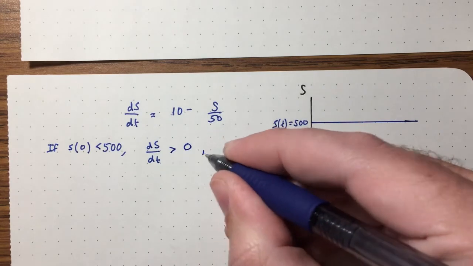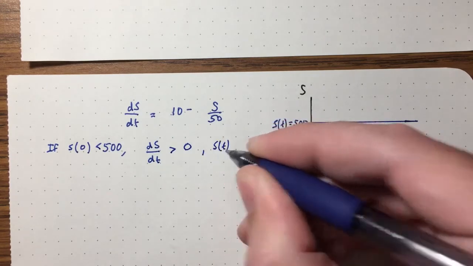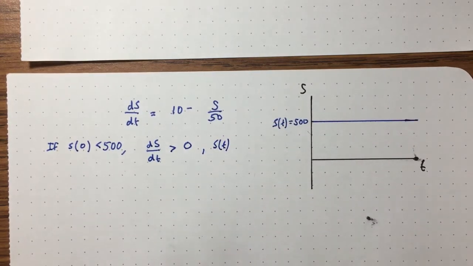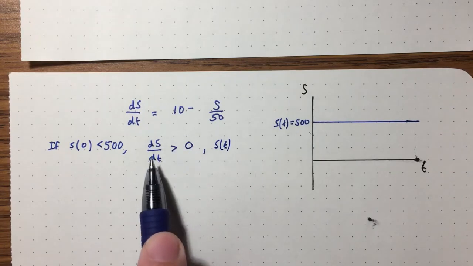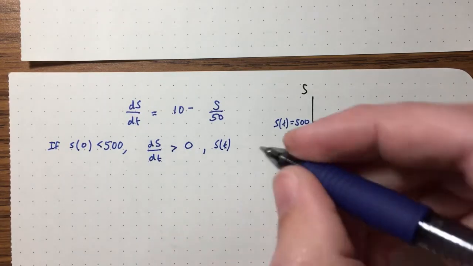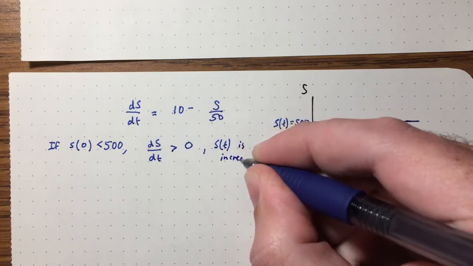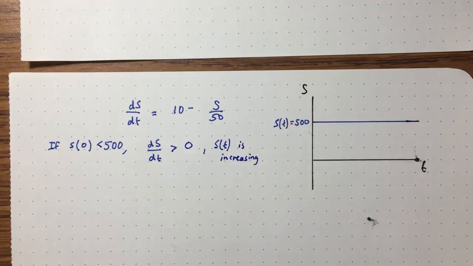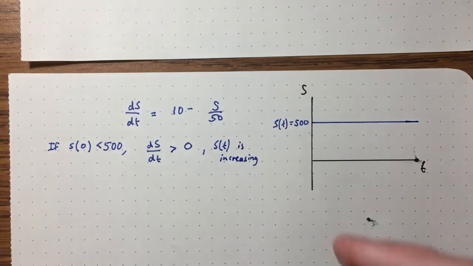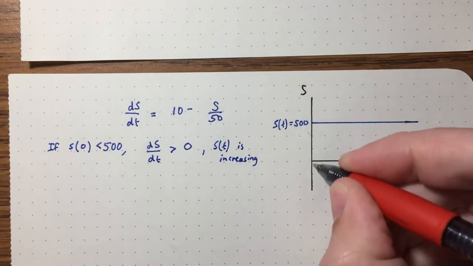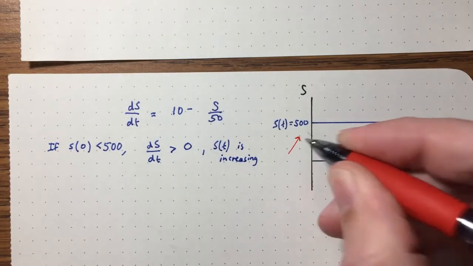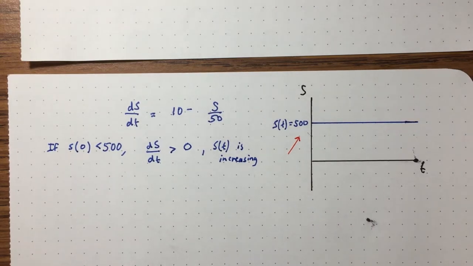And what does that mean in terms of S of t? Well, if you remember from calculus, if the derivative is positive, the function is increasing. So S of t is increasing. Maybe I'll draw a red arrow here. If we start out anywhere down here, we are going to be increasing.